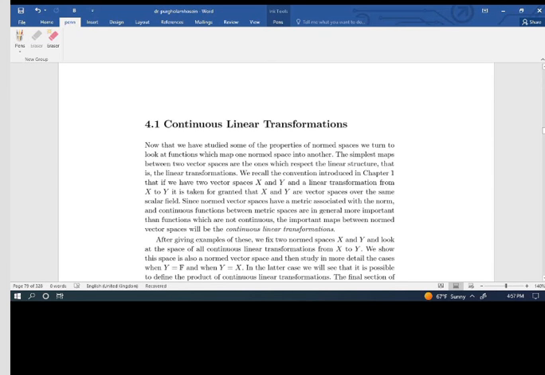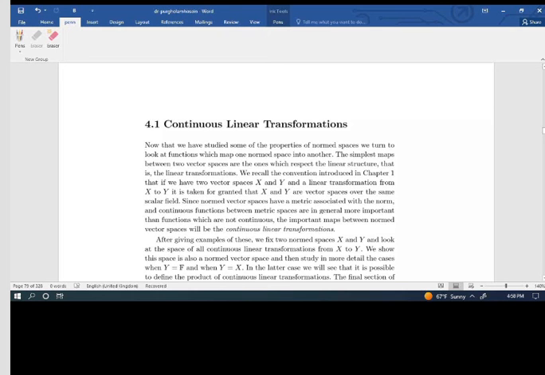A transformation is a linear operator or linear function from a vector space X to another vector space Y, such that these two vector spaces are over one field. The scalar field of X and Y must be the same. Even though X and Y can be different, the scalar field must be the same.